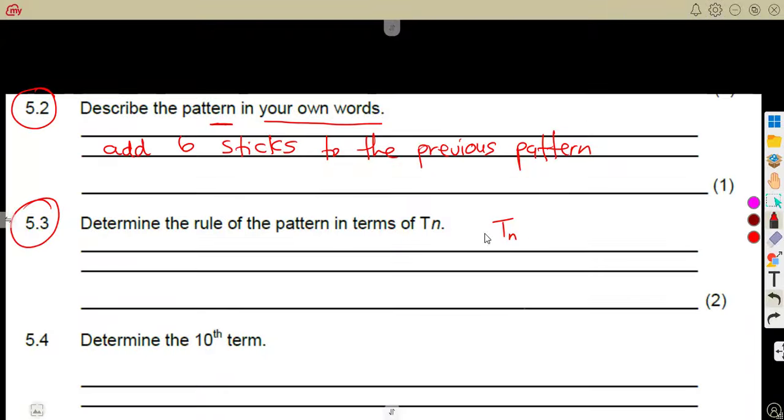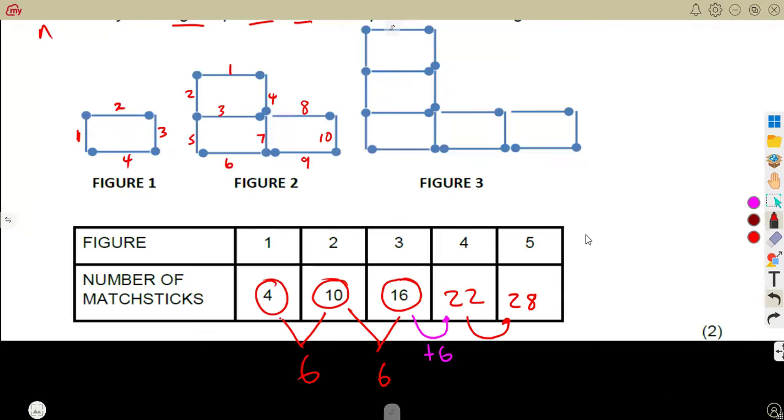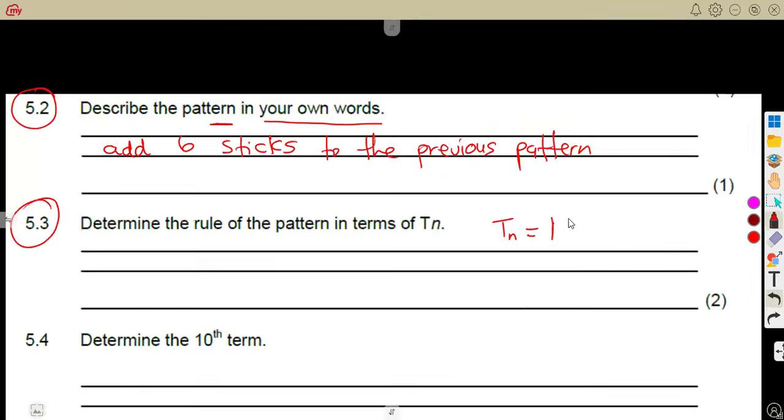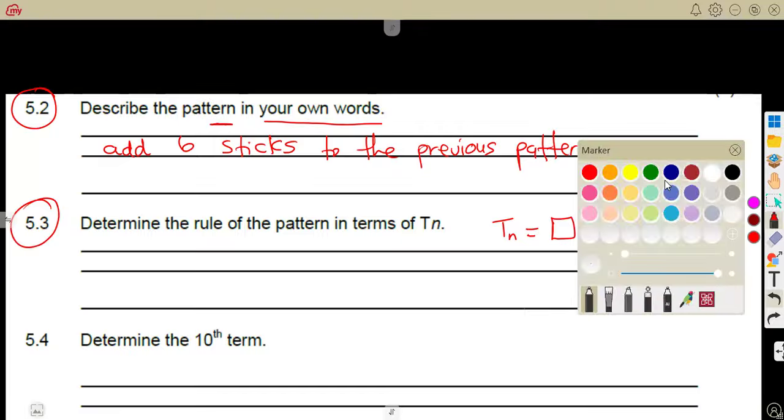Whenever we have a constant difference like this, what are we going to do? We know that our formula is Tn is equal to the constant difference times n plus what must be added to give us the term in position.